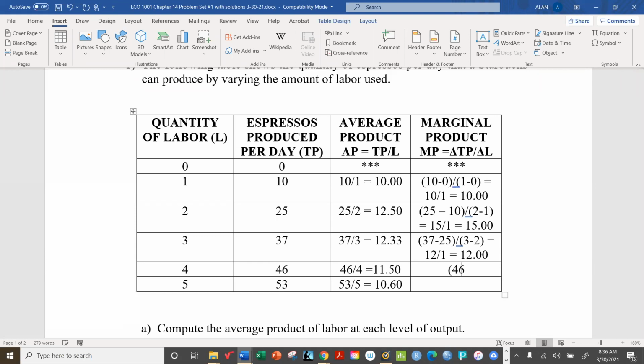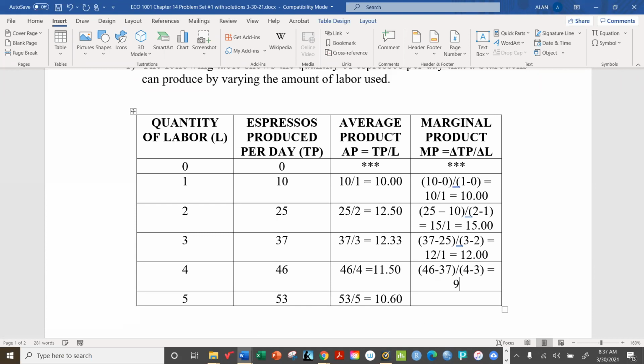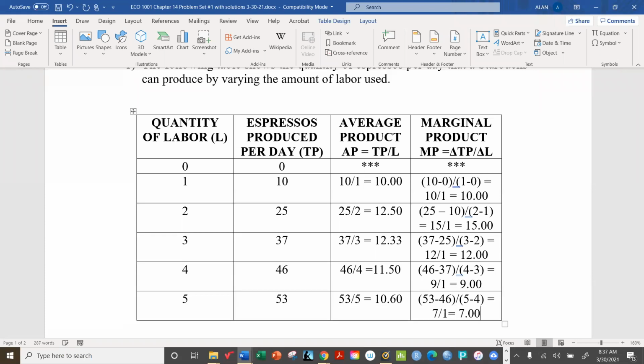All right, then we have 46 minus 37 over 4 minus 3, which is 9 over 1, which is 9. And then finally, in the last case, we have 53 minus 46 divided by 5 minus 4, which is 7 over 1, which is just 7.